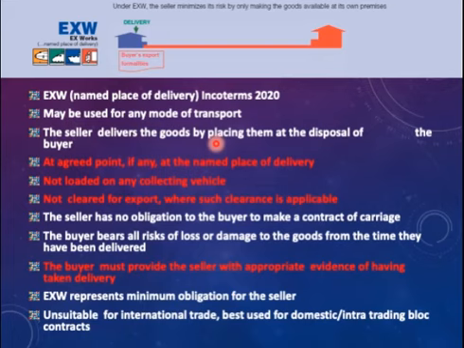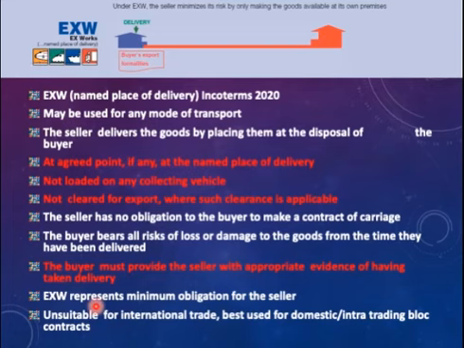And you see that this rule is unsuitable for international trade, because it's not easy for the buyer to collect the goods from the premises of the seller and do the export customs clearance.